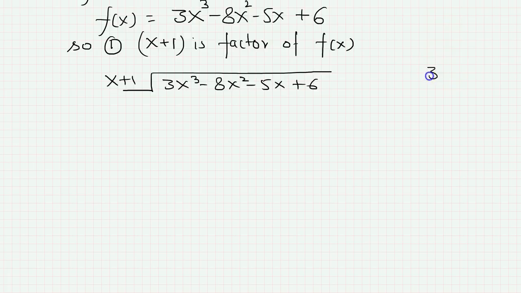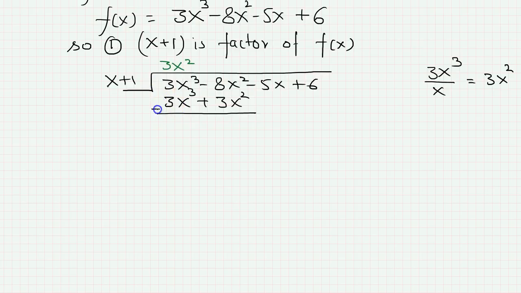This is 3x cubed and this is x. If I divide it, I will get 3x square. So I have to multiply it completely by 3x square. By multiplying it by 3x square, I will get 3x square multiply x is 3x cubed, plus 1 times 3 is 3x square.